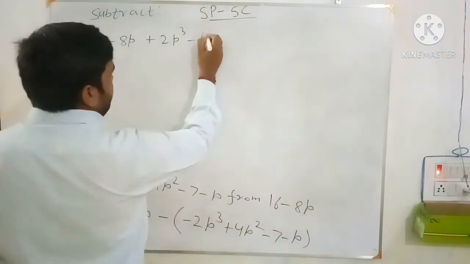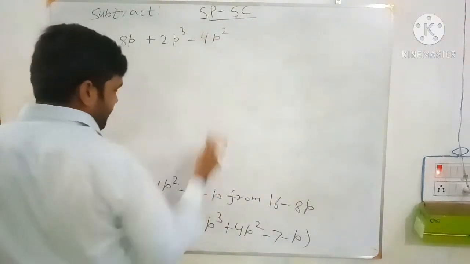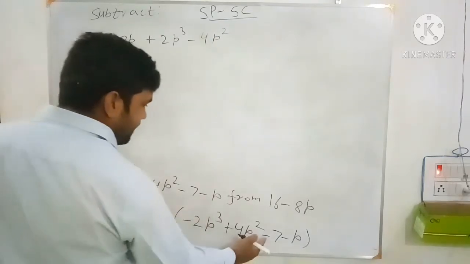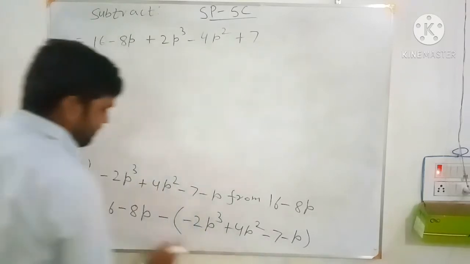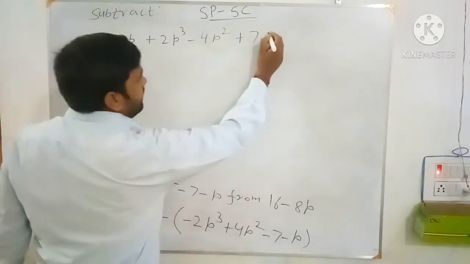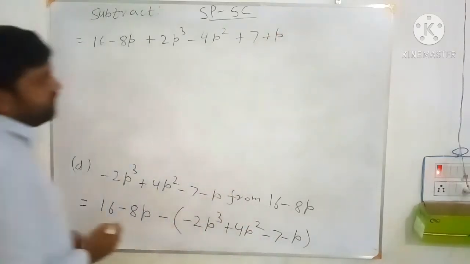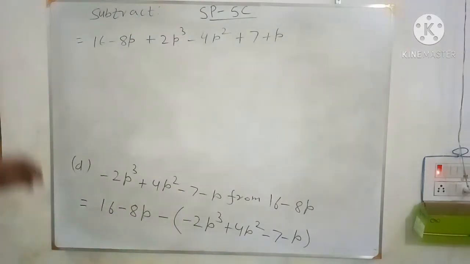Now minus minus plus 7. Again minus minus plus p. Now this we got. After that we will make a group of the like terms.